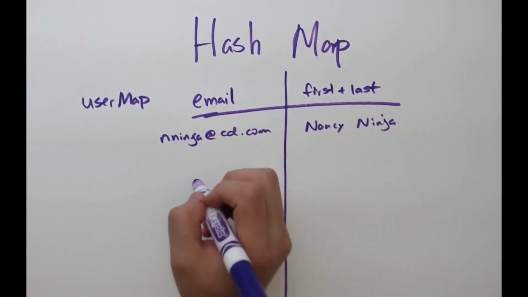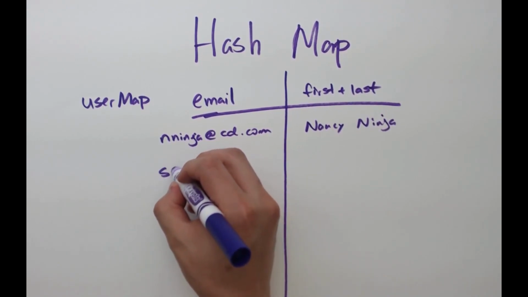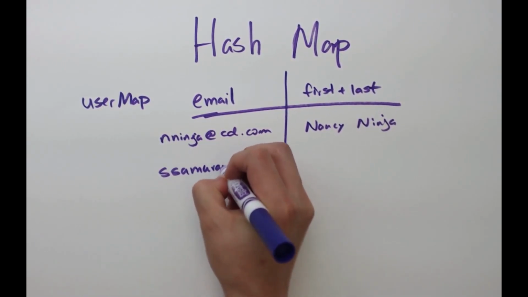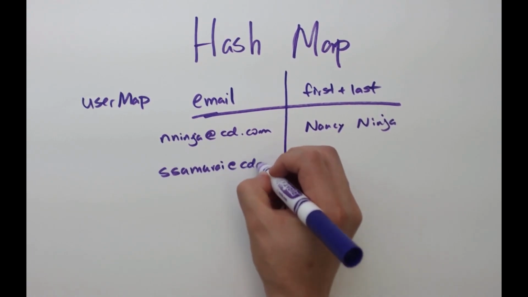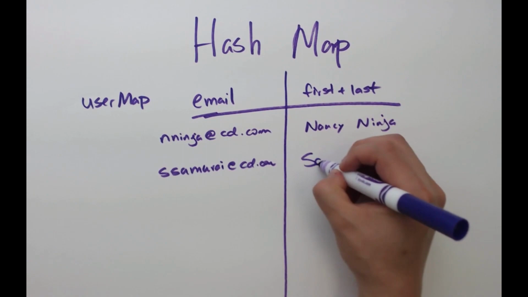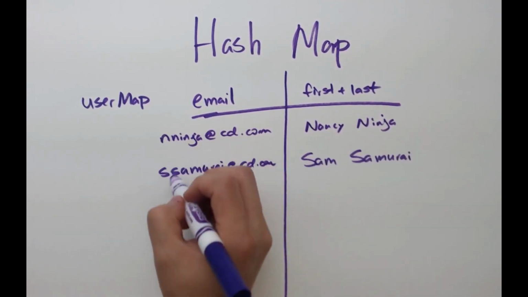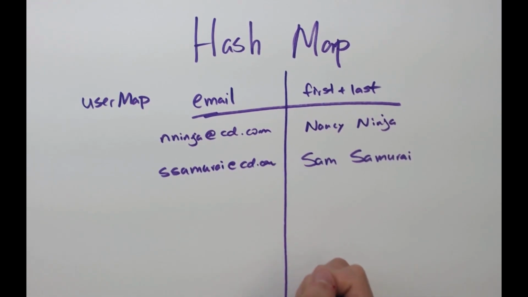Okay? Now let's put another key and value pair here. As samurai at cd.com, and this email belongs to Sam Samurai. We have successfully put two key value pairs in our hash map.